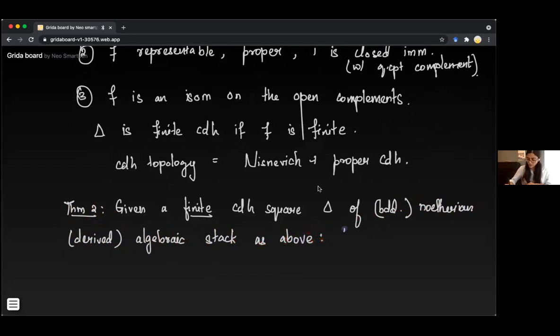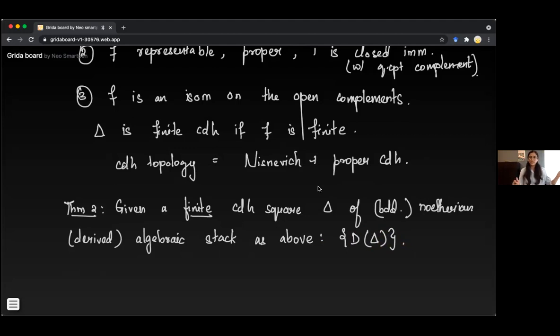So first, I want to say that if you have a finite Cdh square of algebraic stacks, and if you take the derived category of quasi-coherent sheaves on that, then it would satisfy the conditions of the categorical Milnor excision that we had.